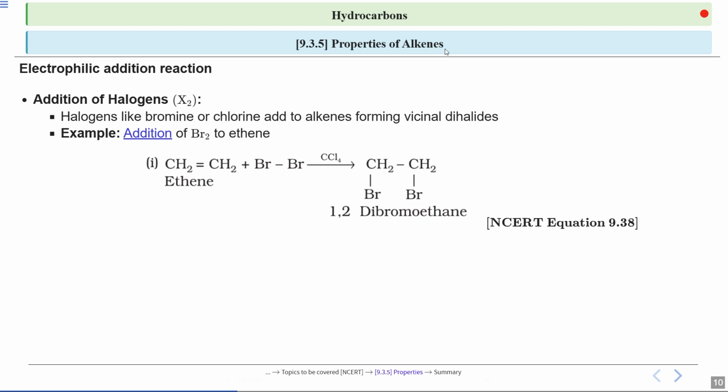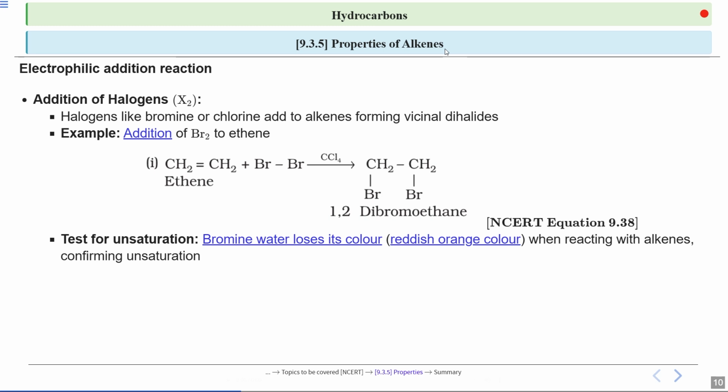For example, if we are adding Br2 to ethene, here we can see on the reaction of ethene with bromine, it gives us 1,2-dibromoethane. So what we can say, that your formed product is a vicinal dihalide because the bromine is just present on adjacent carbon.